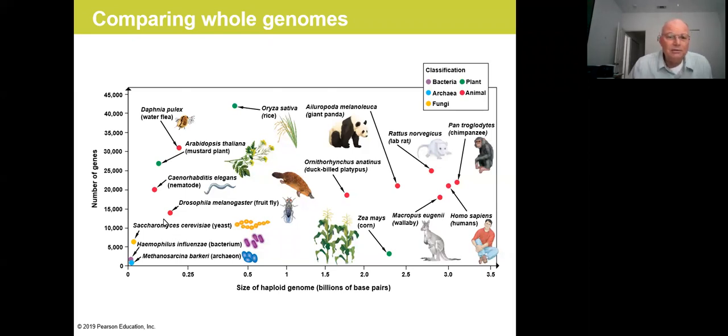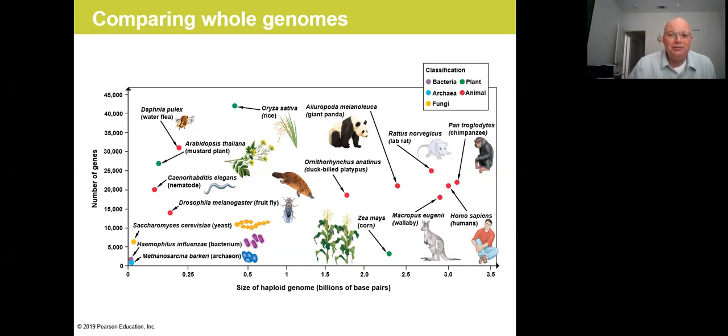But look at the size of the Drosophila genome in terms of base pairs. It doesn't even make it to 250 million base pairs. But that's because there are only 4 chromosomes in a haploid set of chromosomes for the Drosophila. Well, actually 5, because you've got the X and the Y chromosome there as well.